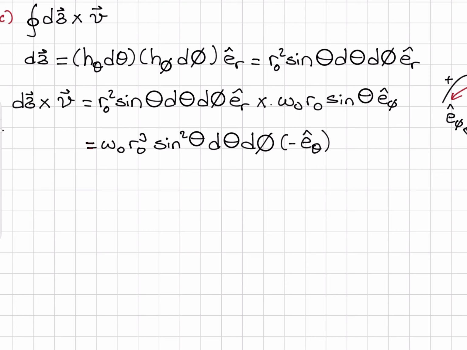So if I substitute that into the integral that I'm after, the closed surface integral d sigma cross v, this will be equal to omega 0, which is a constant, r0 cube, that's a constant. The integrals, two integrals, one integral is over theta, the other one is over phi, and this is done for the whole surface of the sphere. So as for the theta integral, I will have 0 to pi. For the phi integral, I will have 0 to 2 pi.